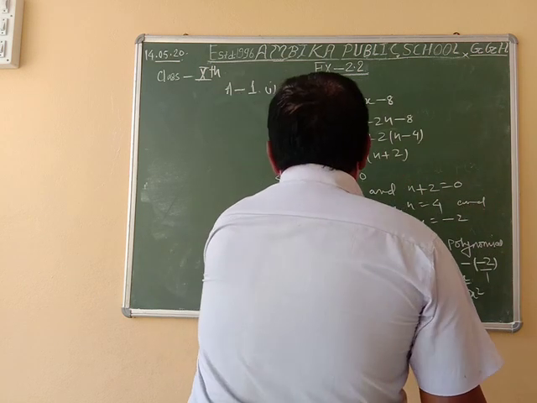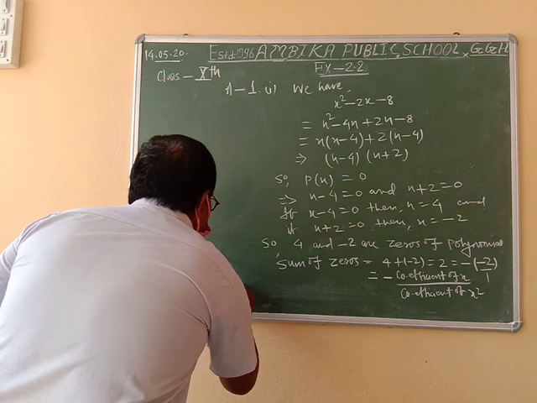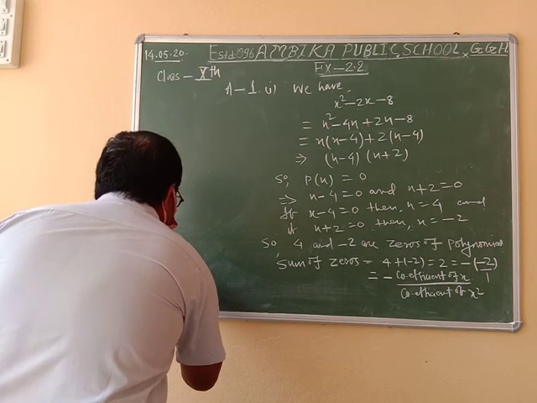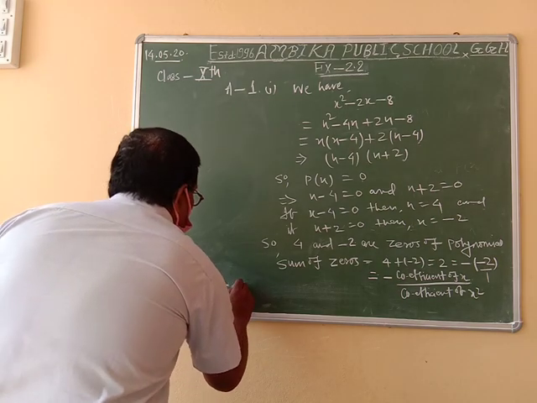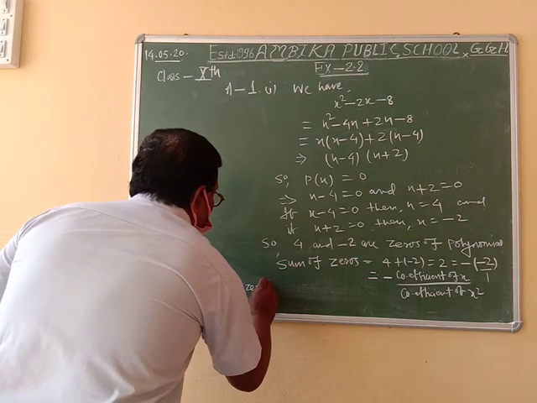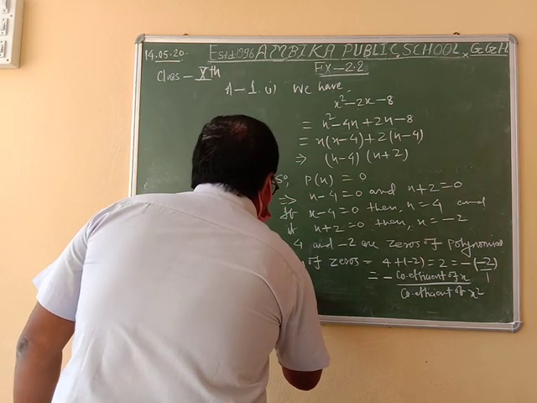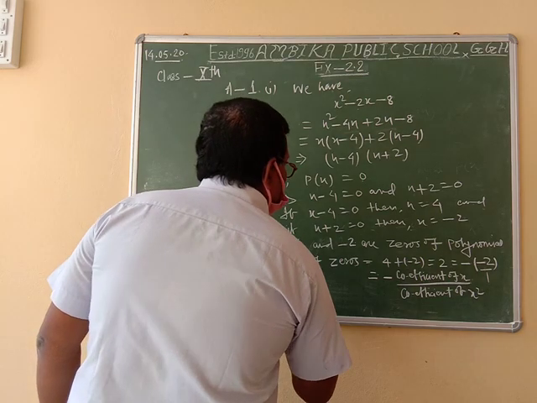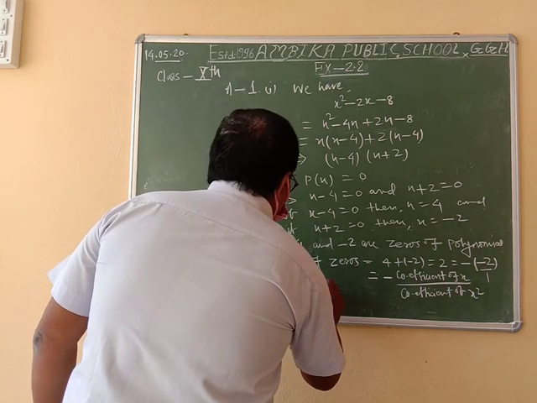The product of zeros is equal to 4 into minus 2, equals minus 8.